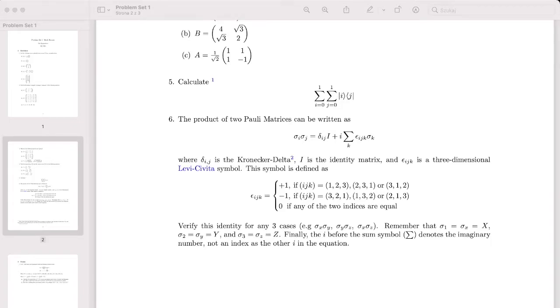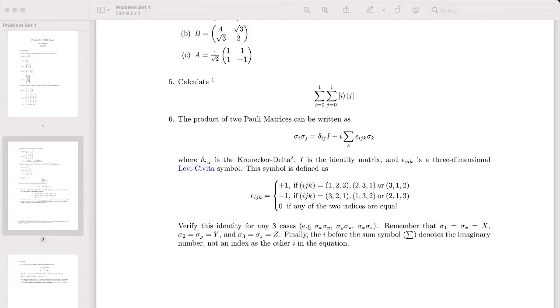Okay, the last problem involves some formula that allows us to compute products of Pauli matrices. And this formula uses something that's called the Levi-Civita symbol, as well as the Kronecker delta.